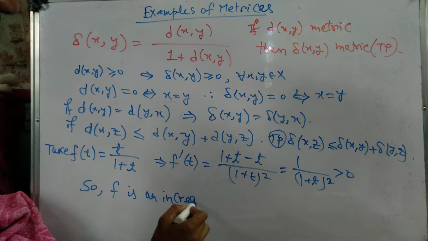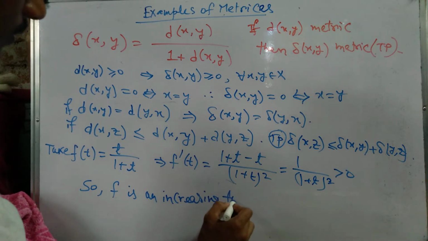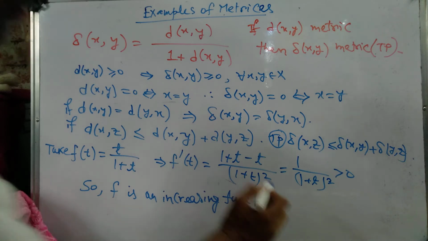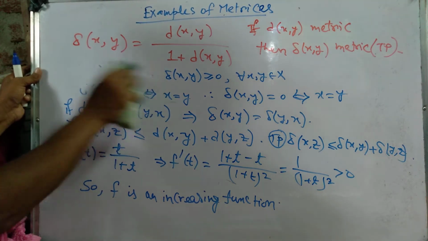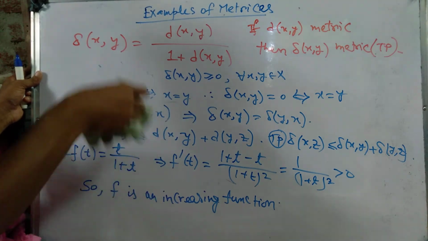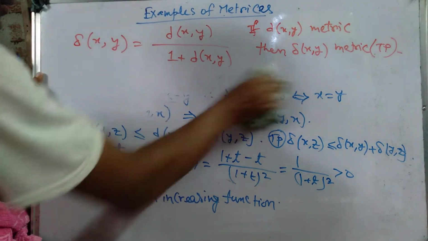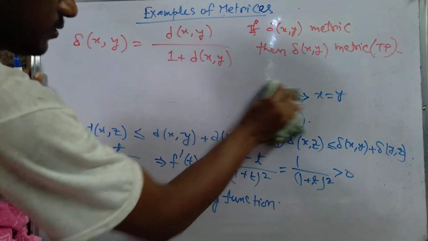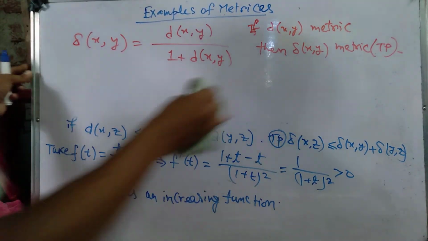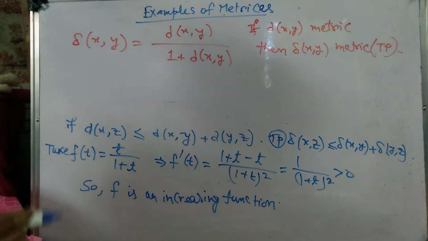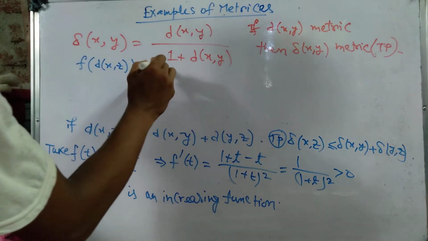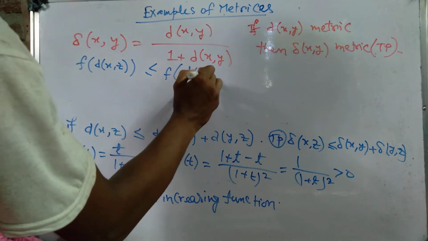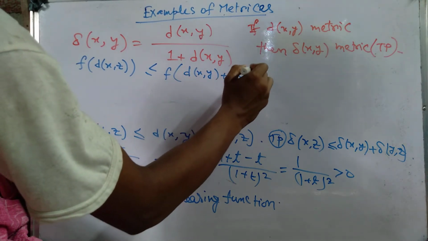F is an increasing function. So what happened? Now f of d(x,z) is less than or equal to f of d(x,y) plus d(y,z).